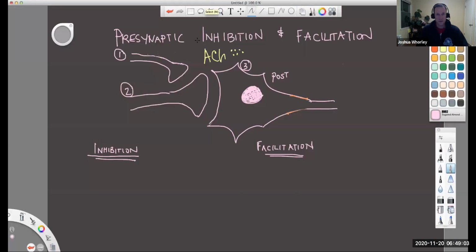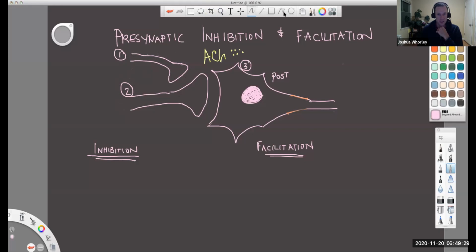So what I've drawn here is a few different neurons, and one thing to recognize about the wiring of the nervous system is that it is complex, and there are typically far more connections than I've drawn here between neurons. I've drawn a presynaptic neuron number one here, just a synaptic terminal, ending on a synaptic terminal of another presynaptic neuron.